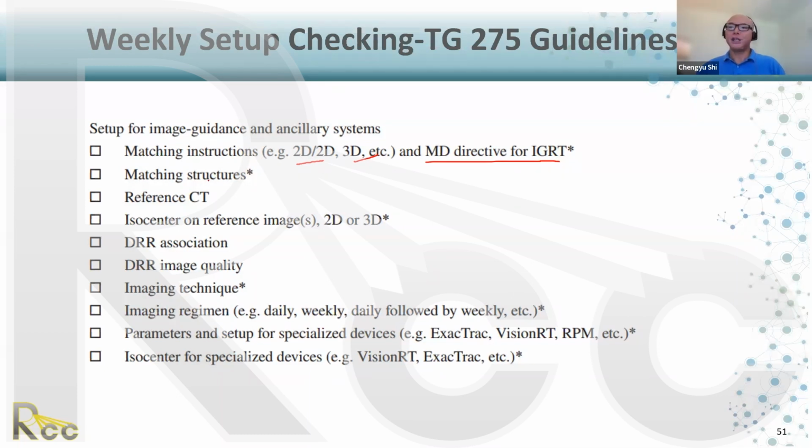You check the machine matching, structures, reference CT, 2D or 3D, DRR, image quality, image technique, and images, like weekly or daily, or pacemaker, or the other modalities like ExacTrac, Varian RT, RPM.